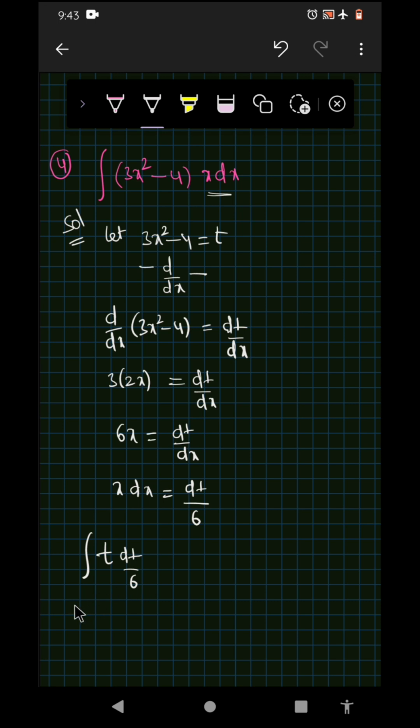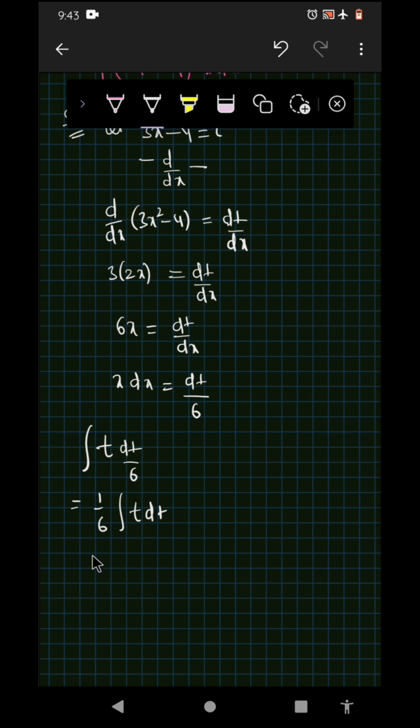So now take the 1 by 6 outside. We get 1 by 6 integration of t dt. Now integration of t becomes t square by 2, therefore t square by 2 plus c.